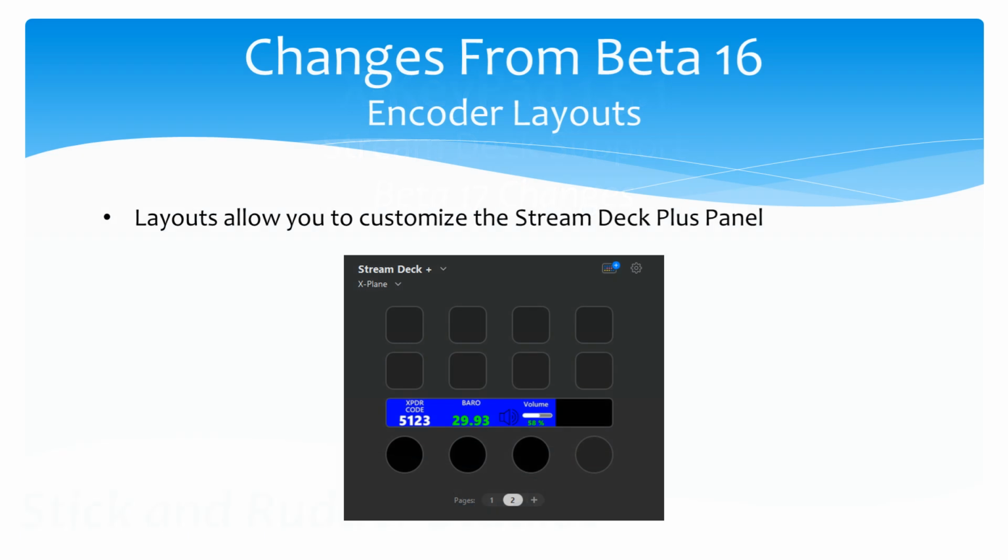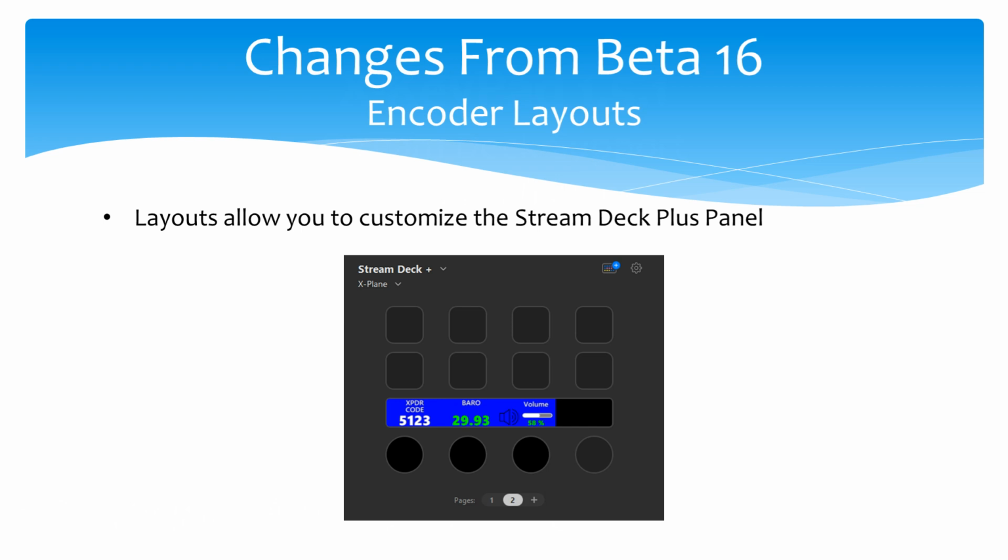And the primary topic we're going to discuss is the encoder layouts for the Stream Deck Plus. As you can see from this screenshot here, I've been able to customize the layouts for the little LCD panel above the encoders significantly more than what we were able to do with the prior beta. What I can control in here now with these layouts is the font size, the font color.